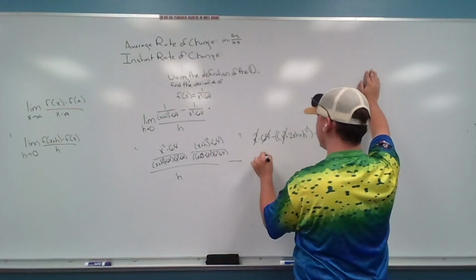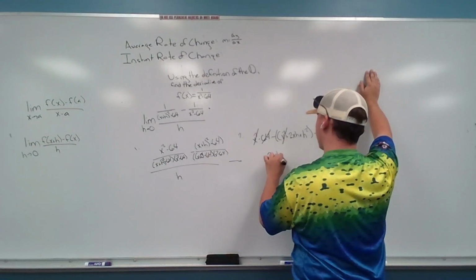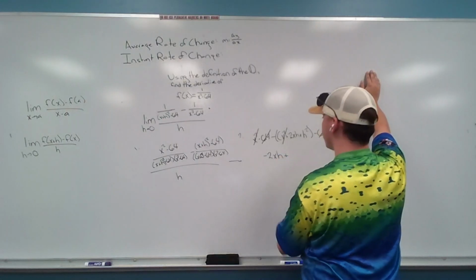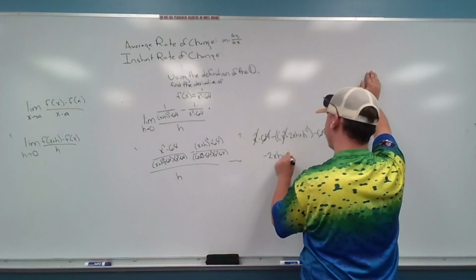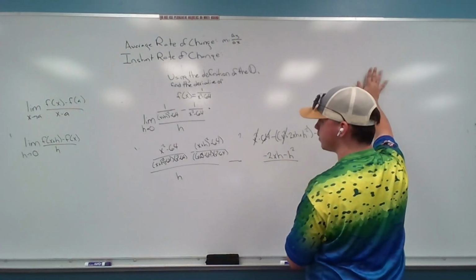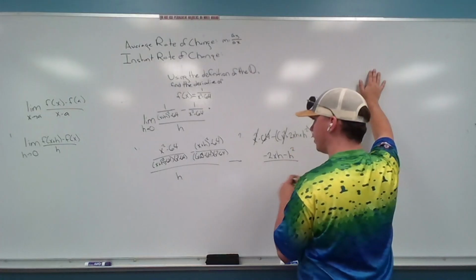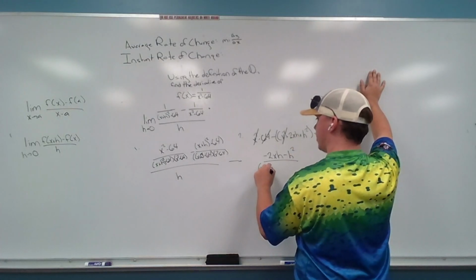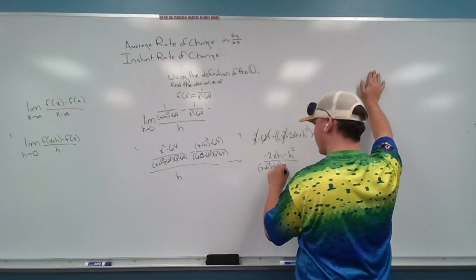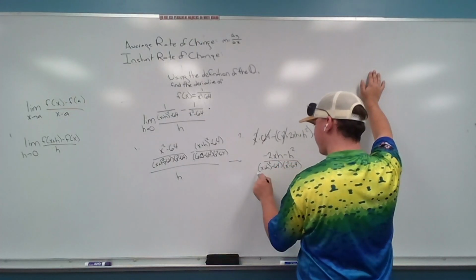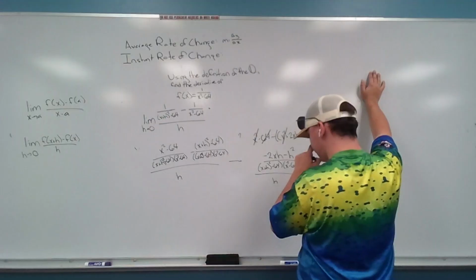We have negative 2xh plus, well, there's no h squared on the outside to get rid of it, so it's just going to be minus h squared. And now we can put it in its little happy little denominator. I'm not multiplying this out. (x plus h) squared minus 64 times x squared minus 64, all over h.